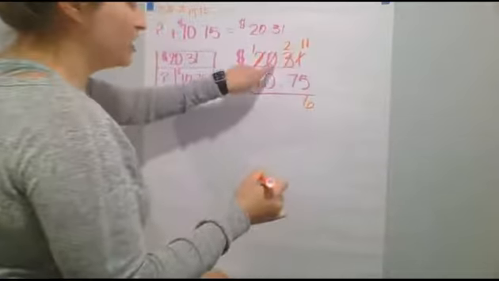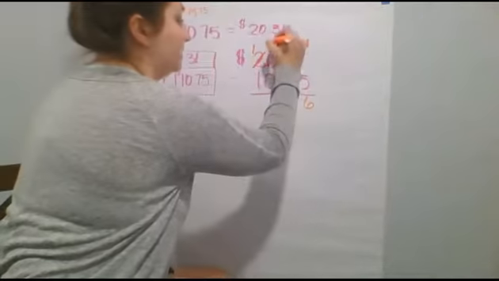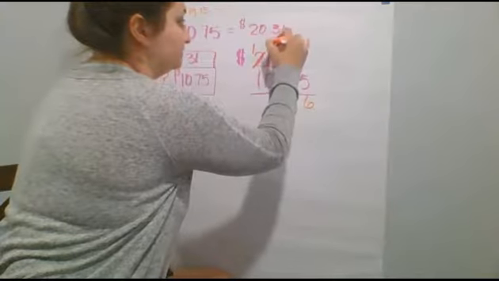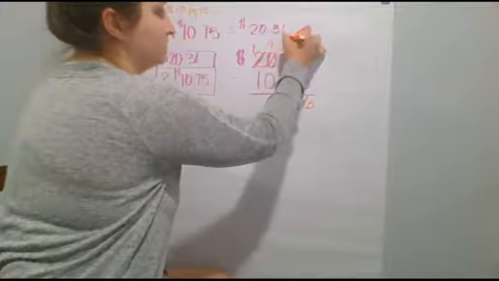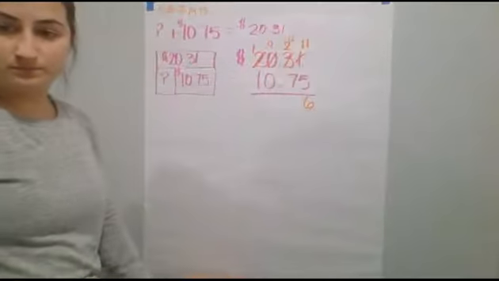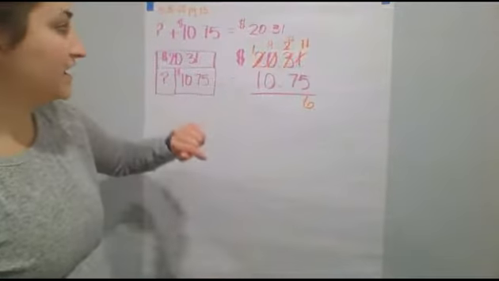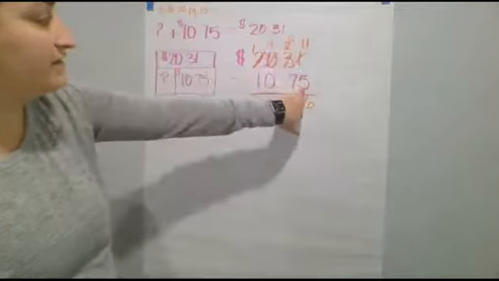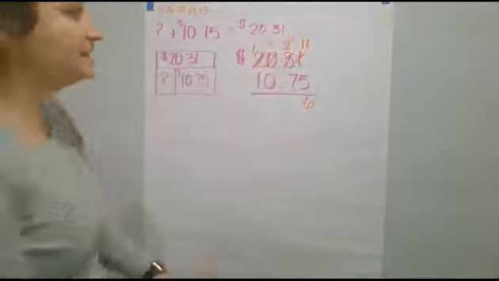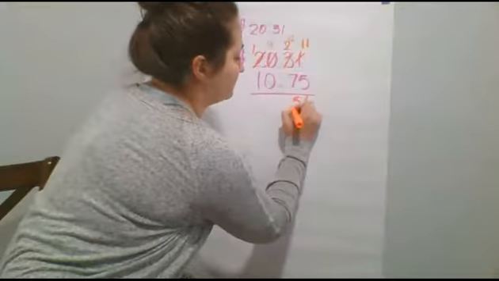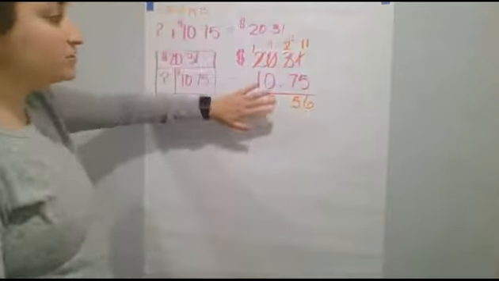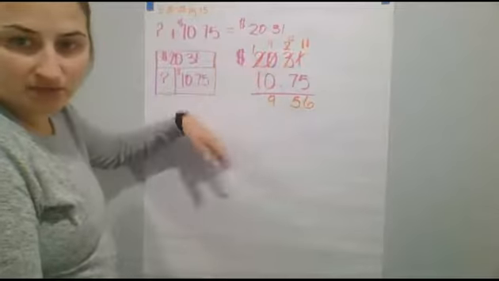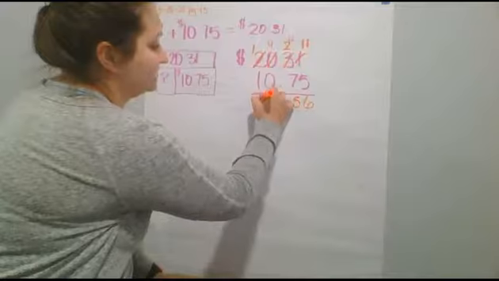Then this 0 becomes a 9, and this 2 becomes a 12. Now 12 minus 7 gives us 5, and 9 minus 0 gives us 9. And 1 minus 1 is nothing, so this is going to be that difference.